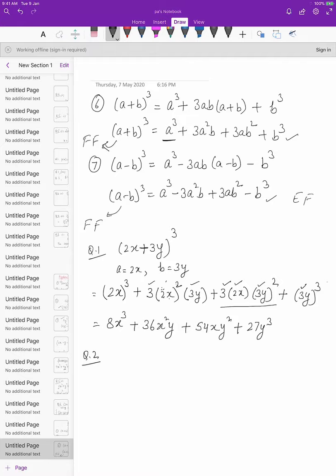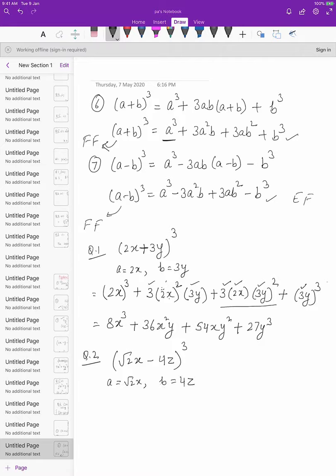Let's take another example. Suppose I take one irrational number here in between, say root 2x minus 4z whole cube. So what is our a in this case? It is root 2x and b will be 4z.